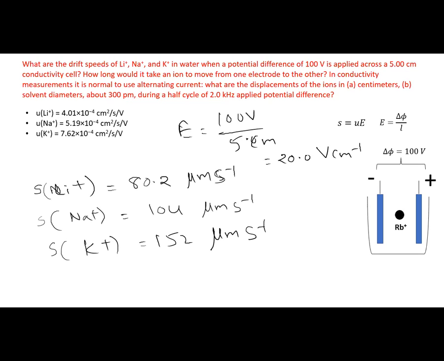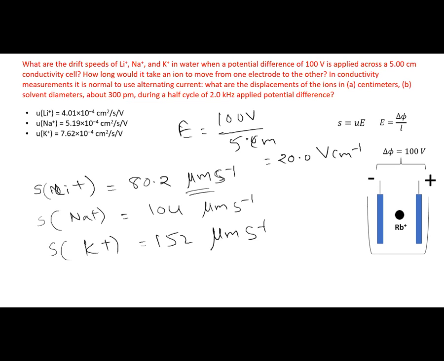One thing to note here is to look up the value of these drift speeds. So the ion moves approximately 80 micrometers per second. That's very slow, right? If you imagine the electrodes are 5 centimeters apart, how long does it take to move from one to the other? Exactly, that's what we need to calculate.